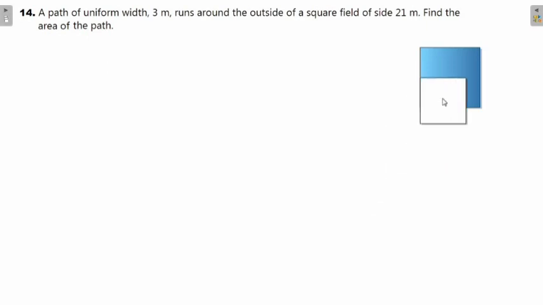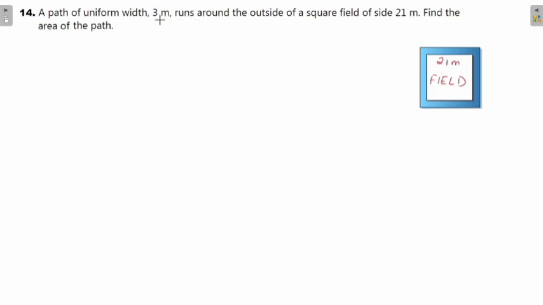So I have taken one more square here. If you observe this diagram, this white portion is your field, and each side of this field is given to be 21 meter.